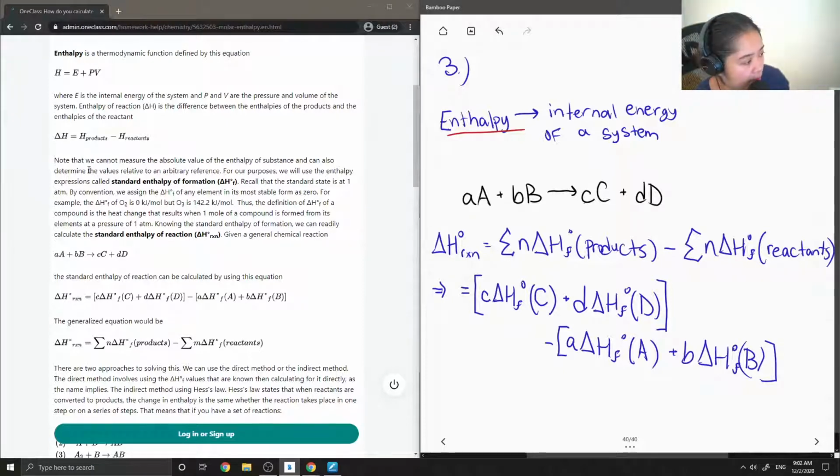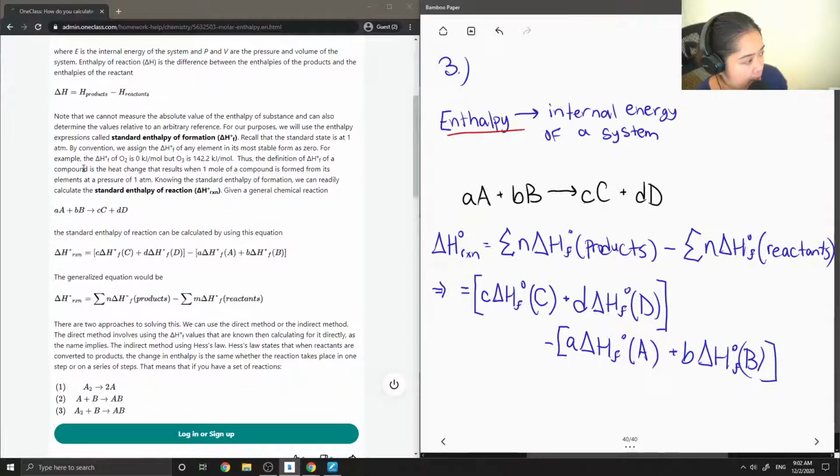Note that we cannot measure the absolute value of the enthalpy of a substance and can only determine the values relative to an arbitrary reference. For our purposes, we will use the enthalpy expressions called standard enthalpy of formation. Recall that the standard state is at 1 atm. By convention, we assign delta H of formation of any element in its most stable form as 0.